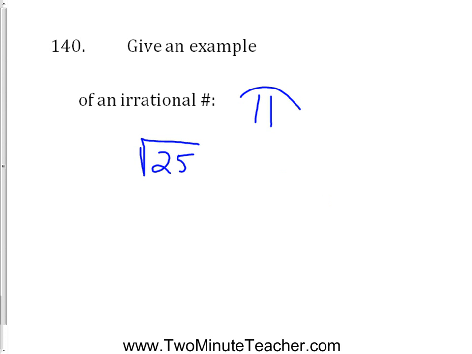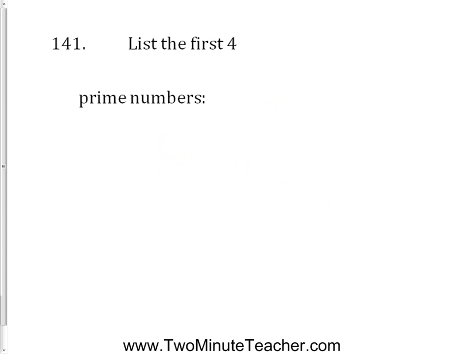So I couldn't use square root of 25, but I could use a square root that doesn't come out nice, like square root of 2. That doesn't come out nice. It's not 1. It's like 1 point something, and it does not come out nice. It goes on forever, and it never repeats, just like pi. So any square root that doesn't come out nice and pi would be your best bets for examples of irrationals.